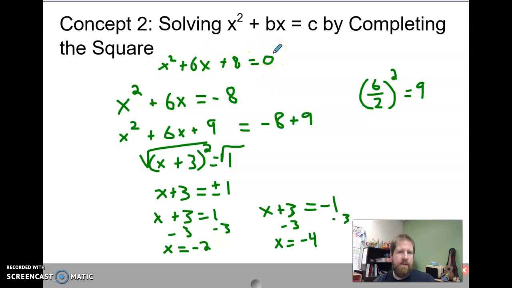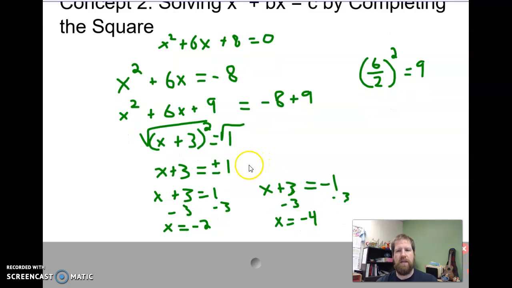There is going to be overlap, and you're going to be choosing what method works best. In some cases, completing the square will work best, but in some cases, just looking at it and saying, oh, that's easy to factor, boom, that's what I'm going to do. I see that my two factors of 8 that add up to 6 are 4 and 2, so the opposites, because there's no coefficient on a, the opposites must be my zeros. That's totally fine, okay? Choose the method that works the best.